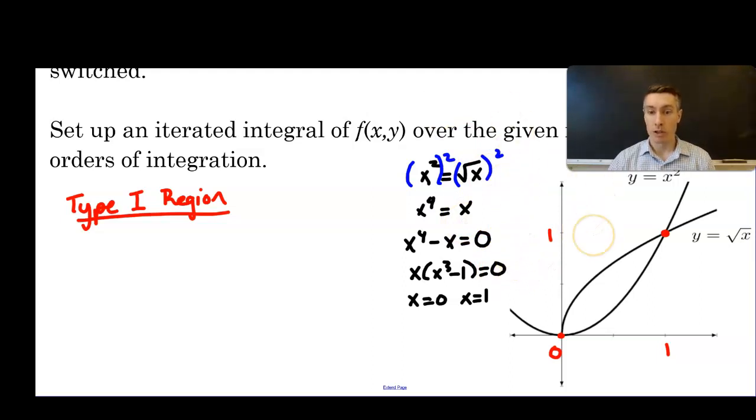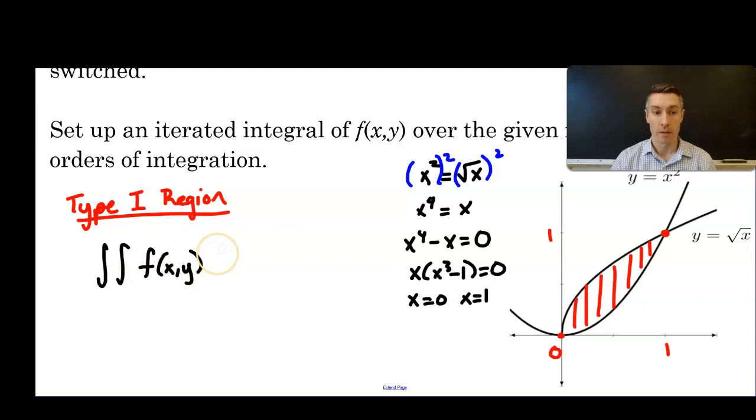Now as a type 1 region, we want to think vertically, so we draw vertical lines through the region. That's going to help us determine the bounds of integration. So we have the double integral of the function f of x, y dy dx. We're thinking vertically first, which is dy, and then we move left to right.